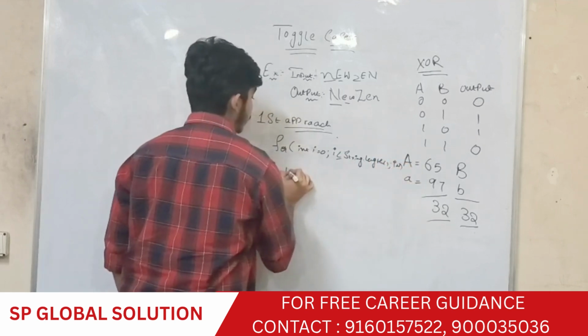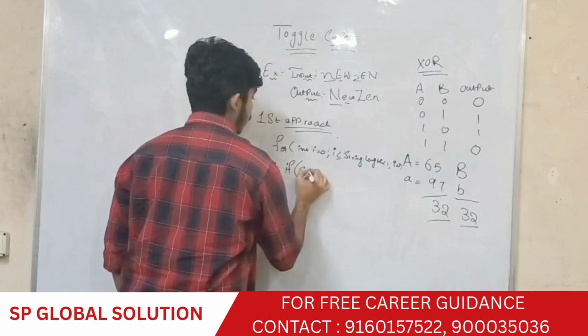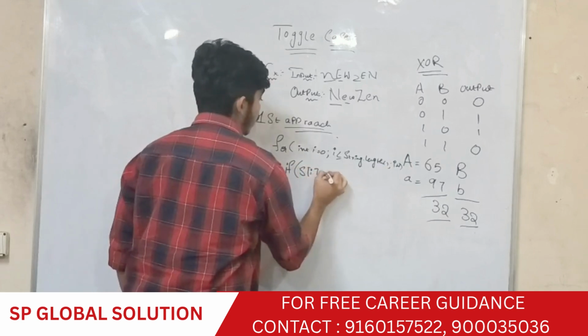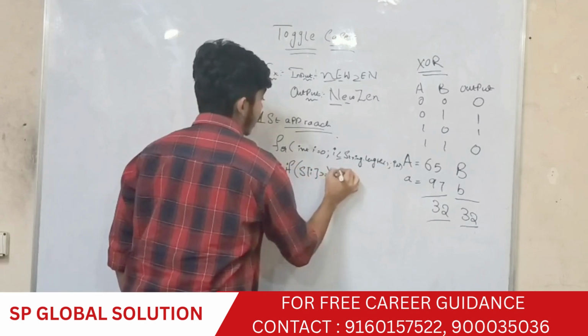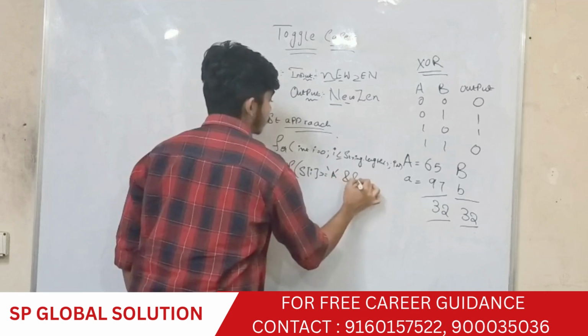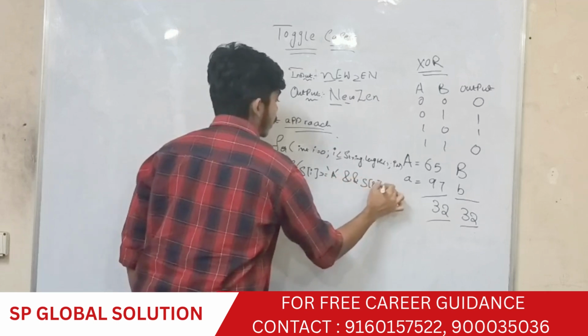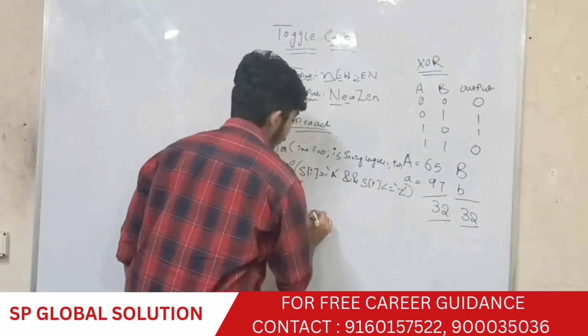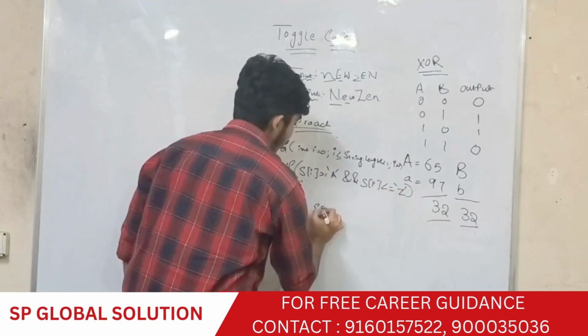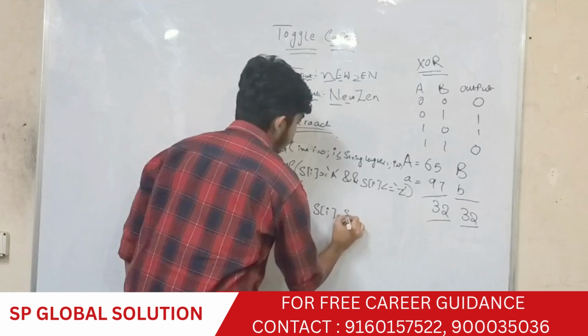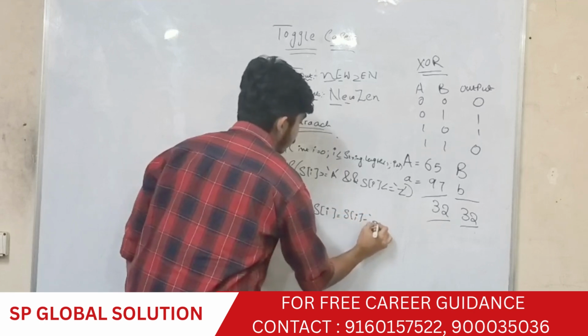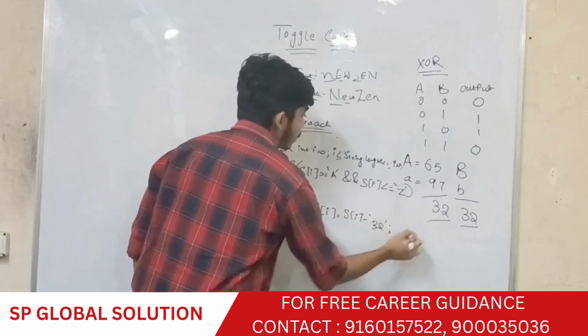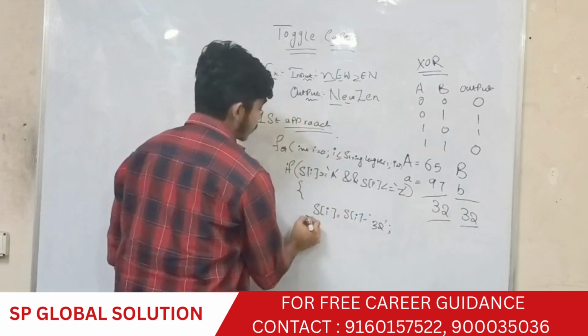We would be checking the conditions: if s of i is greater than or equal to the character capital A and s of i is less than or equal to capital Z, s of i would be converted to s of i plus 32, so we would be converting capital to small.